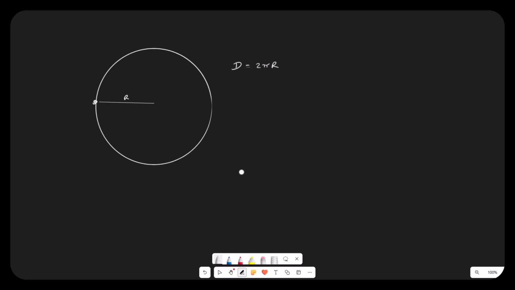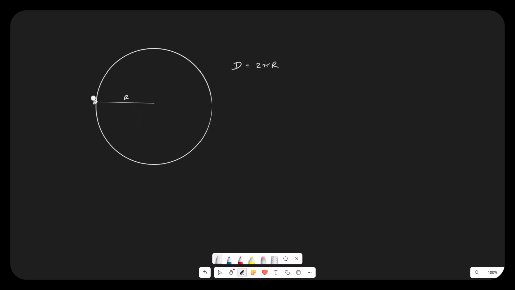Imagine an object moving in a circle. And we're going to give that circle a radius of r. If the object moves a full circle around, then the distance that we cover is going to be 2 pi r. We can also look at the velocity vector.